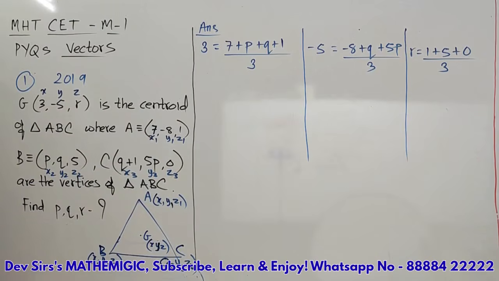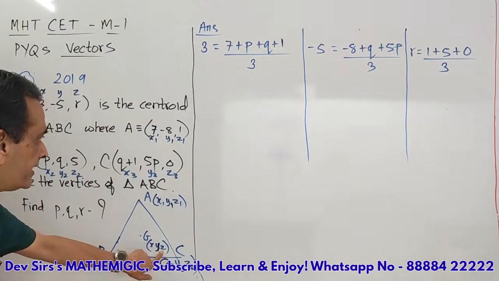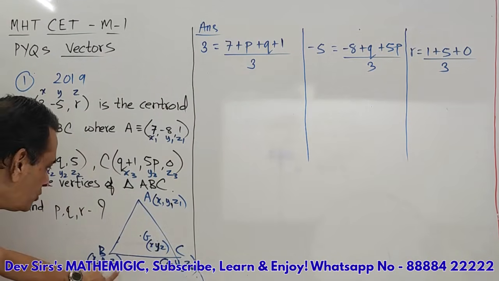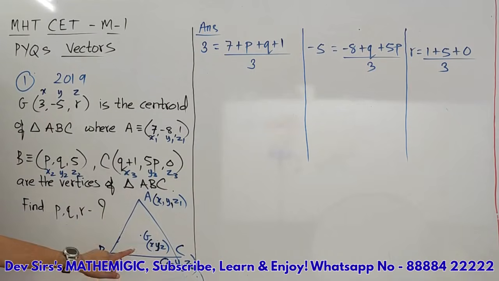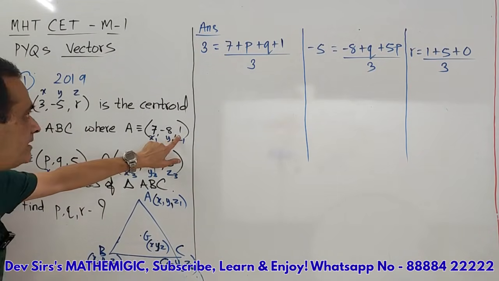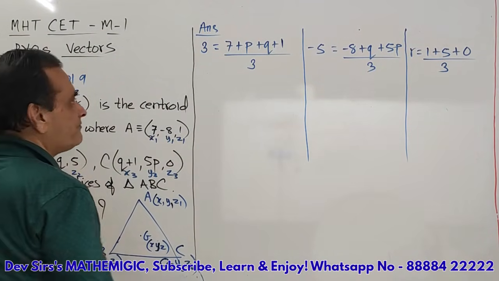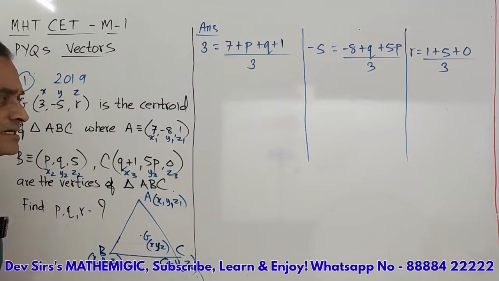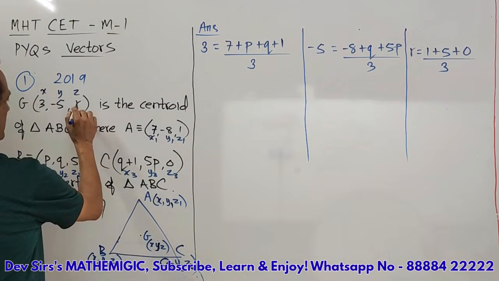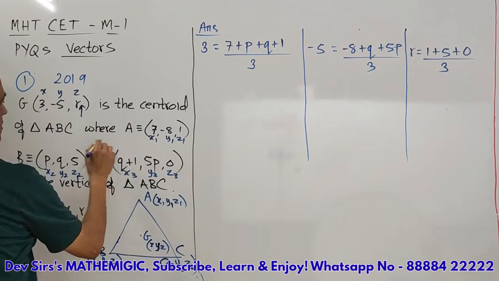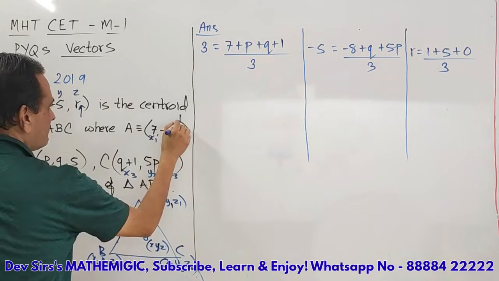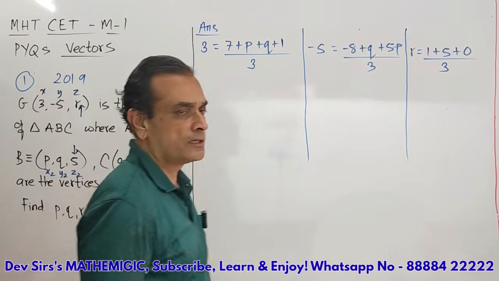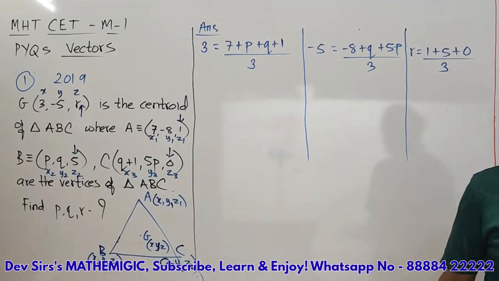And finally Z, the third coordinate, Z is R. Z1 is 1, Z2 is 5, Z3 is 0. In the exam, just take the last coordinate of each point. Z is equal to Z1 plus Z2 plus Z3 upon 3. Don't convert into vectors.